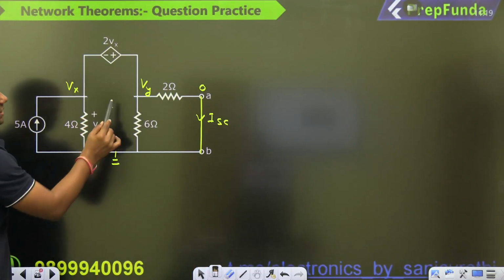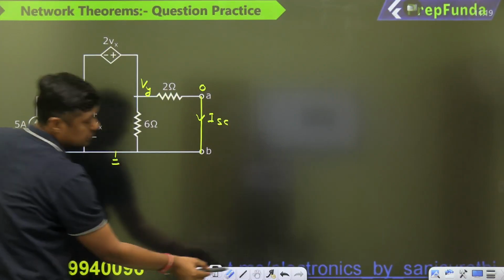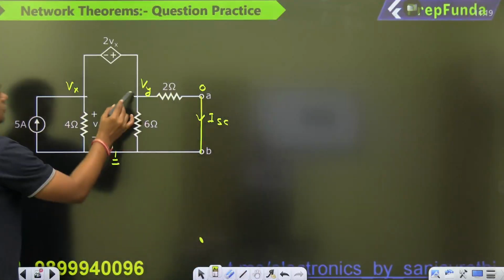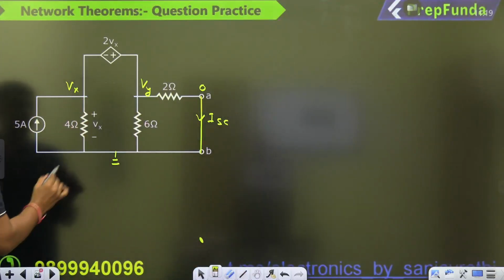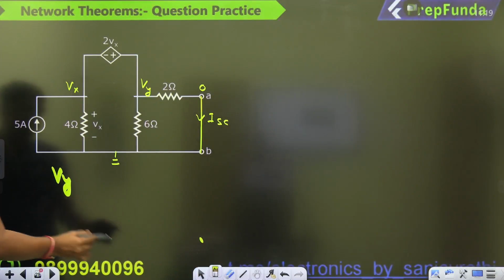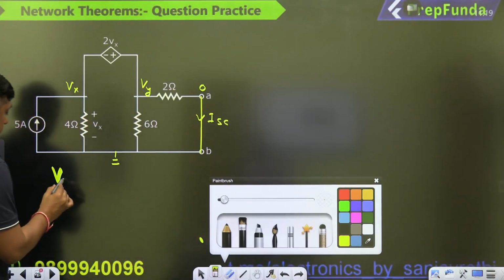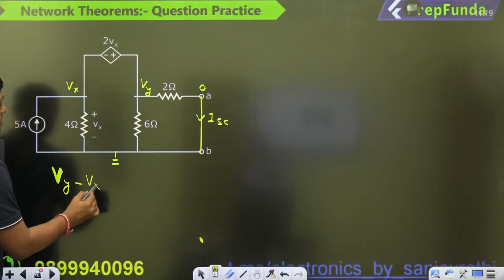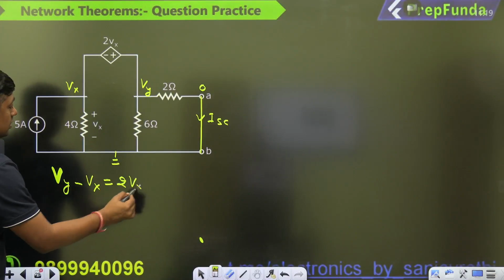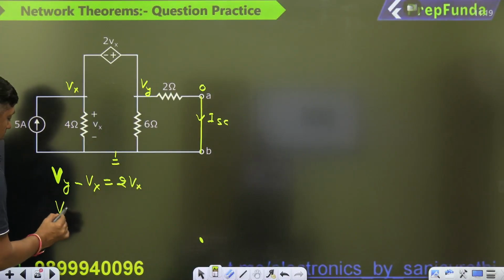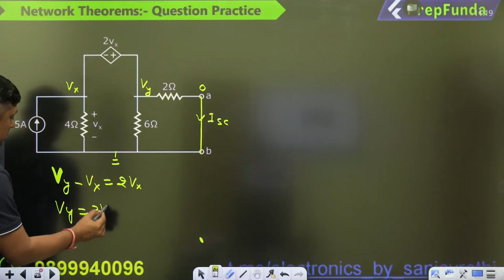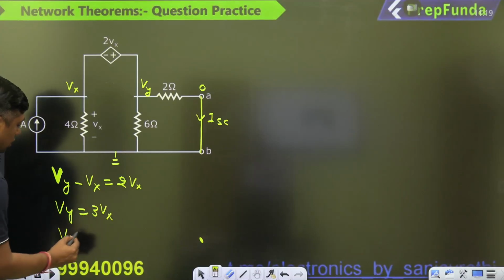Again the same relation, supernodal. What is the relation between Vx and Vy? Vy minus Vx is equal to 2Vx. So Vy is equal to 3Vx, or you can write Vx is equal to Vy by 3.